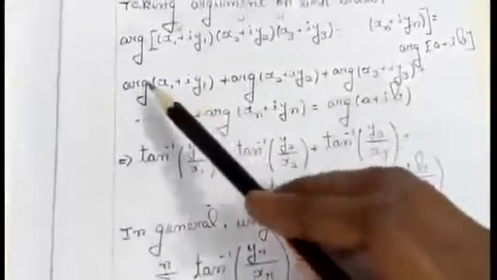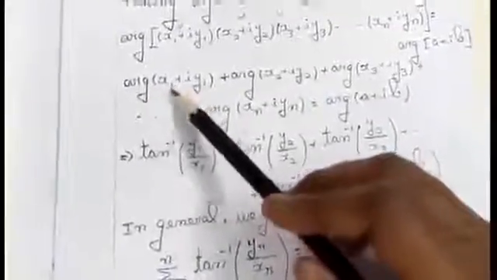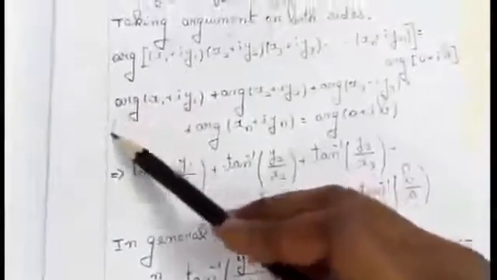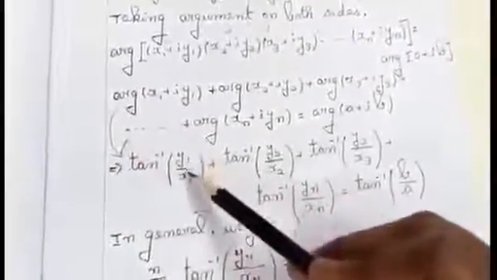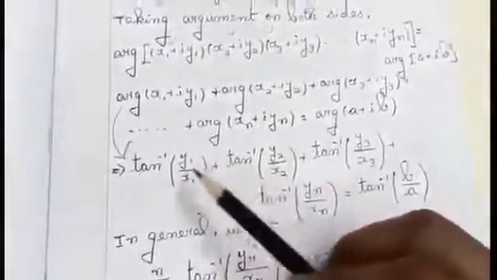Again for argument I have another formula: argument of real part plus imaginary part can be written as tan inverse of imaginary part divided by real part. So for each argument I write tan inverse of y1 by x1 plus and so on till tan inverse of yn by xn equals tan inverse of b by a.